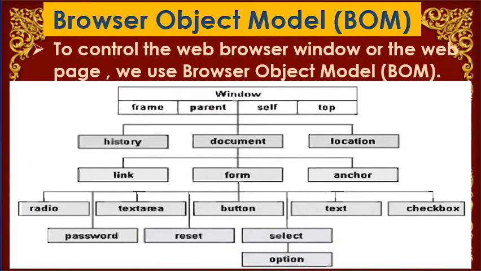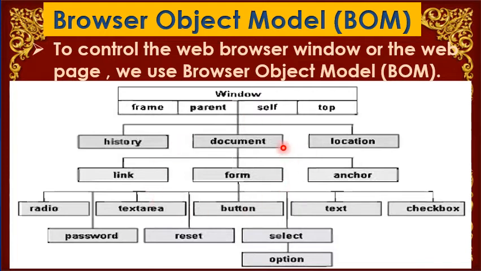Now we will study one of the important concepts called the browser object model, in short called BOM. To control the web browser window or the web page, we use the browser object model. This figure shows the browser object model.